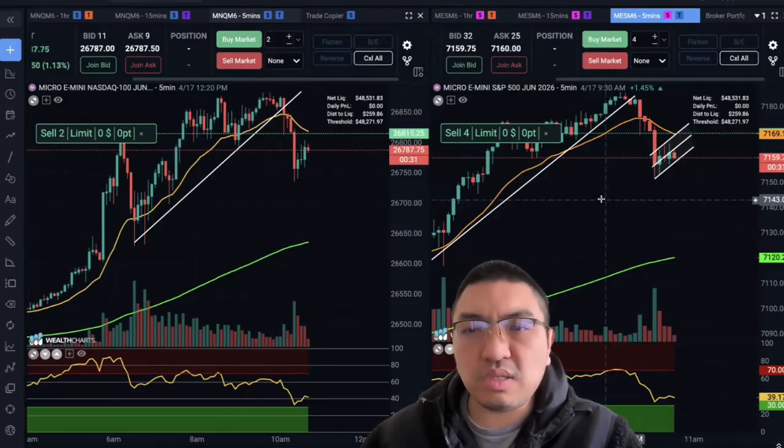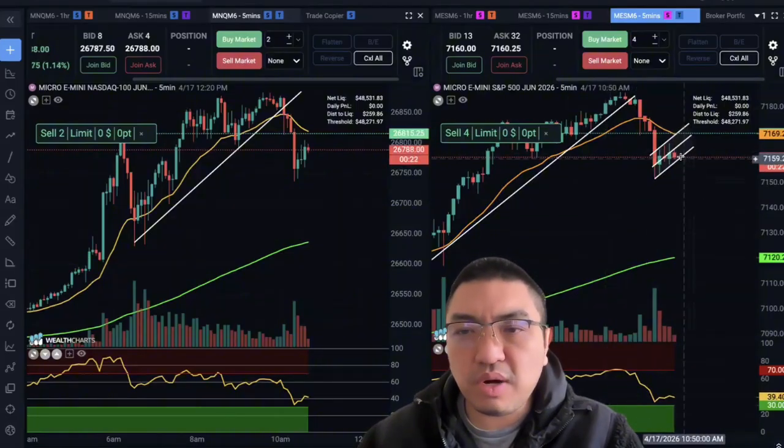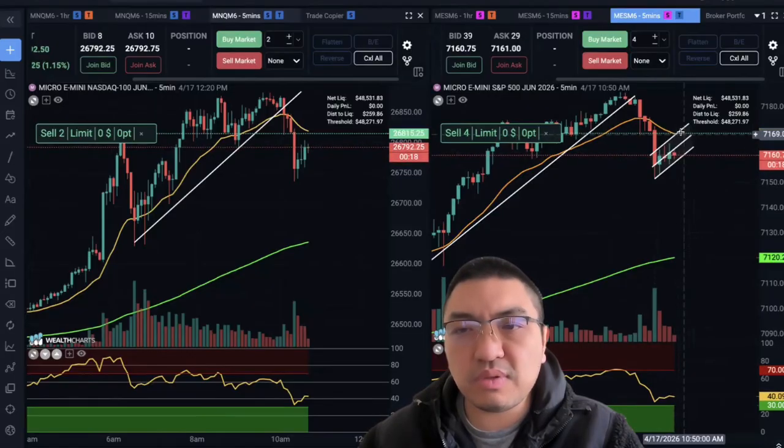As long as it's still in the channel, the flag pattern will probably continue. We'll see. Some support at the lower bound of the channel pushes it up, but we'll see. Some big sellers are waiting here.